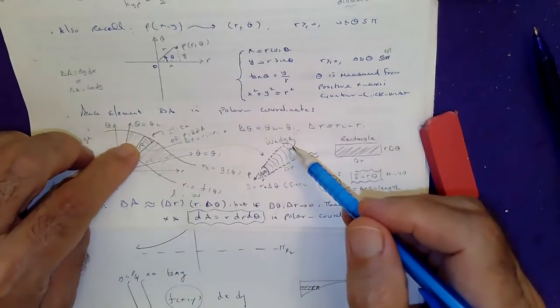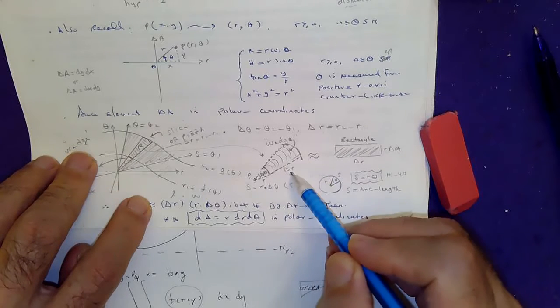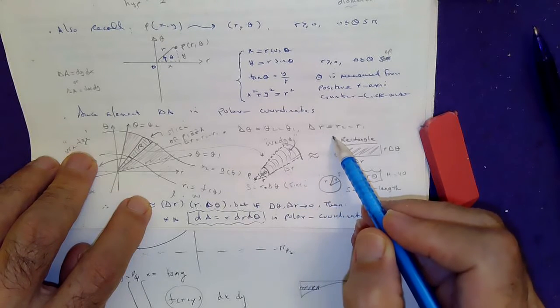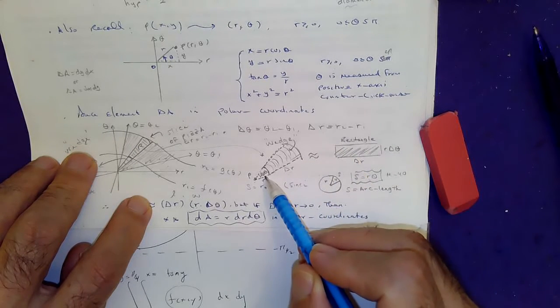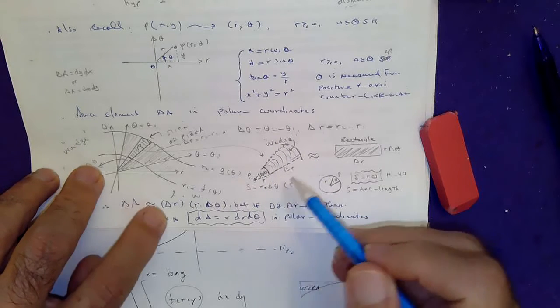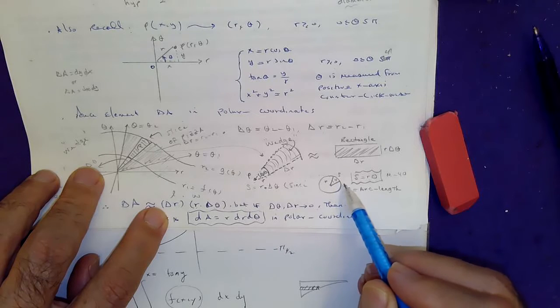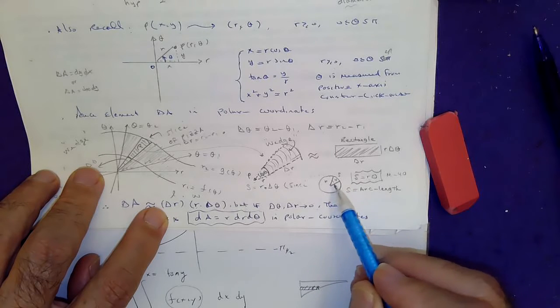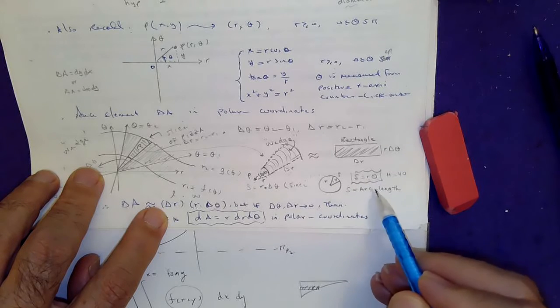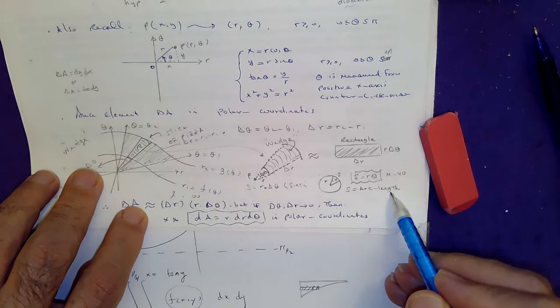If you zoom into that slice of pizza, you get this. So this is delta r, the increment in the radii, and this is delta theta, the increment in the angles. If you remember from trigonometry class, the arc length s is equal to what? r times theta, provided theta is in radians.